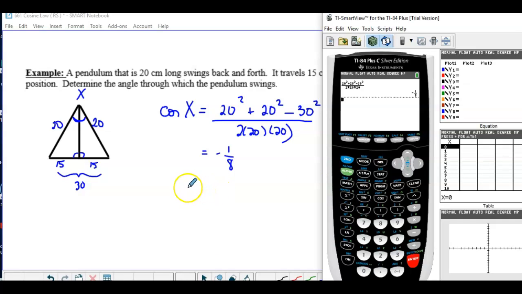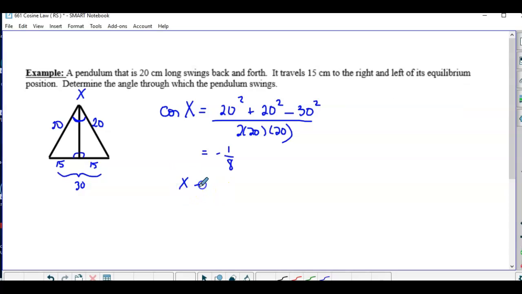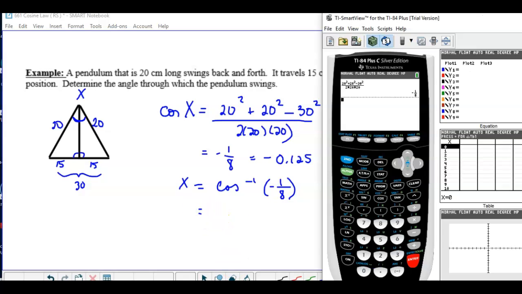If you had done it the other way, you would get a decimal form. It doesn't really matter. Then to get x by itself is cos inverse of -1/8, or it would be -0.125 if you did it decimal form.